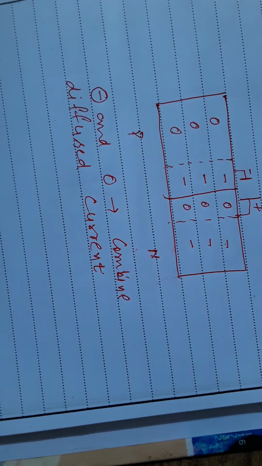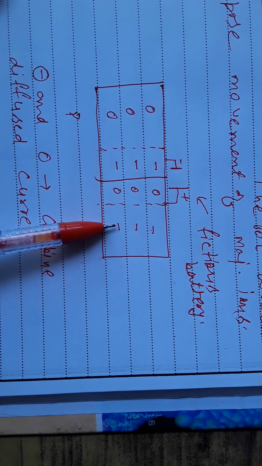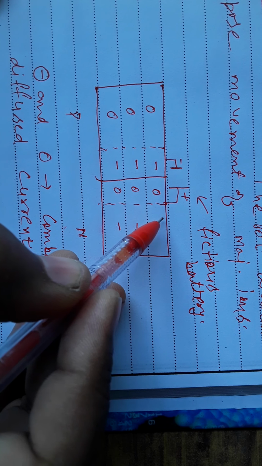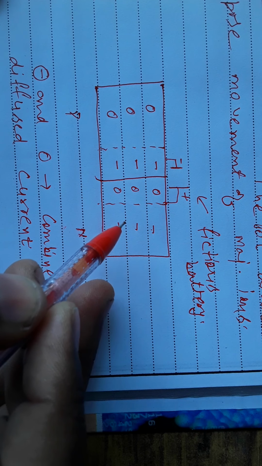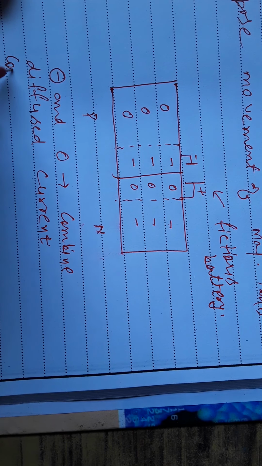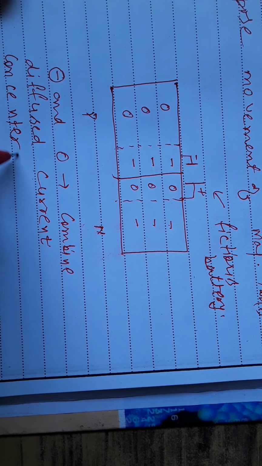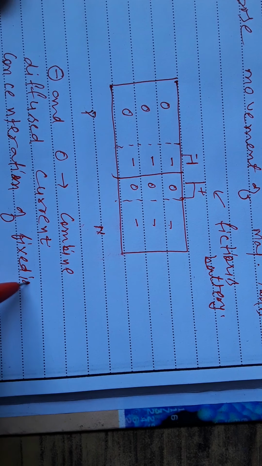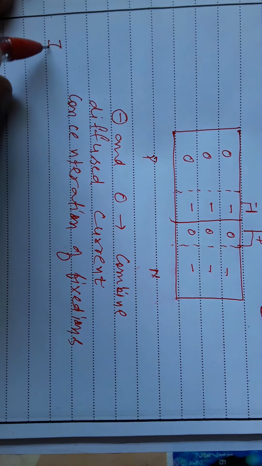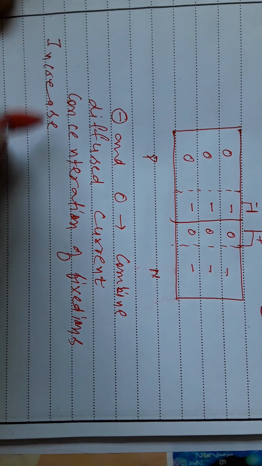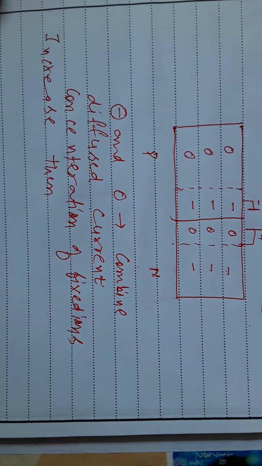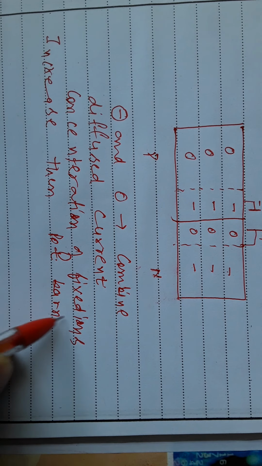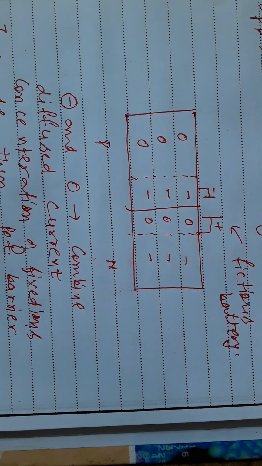Now, if the majority ions move from P side to N side and from N side to P side, then we can say that concentration of the fixed ion increases. If concentration of fixed ion increases, then potential barrier increases.